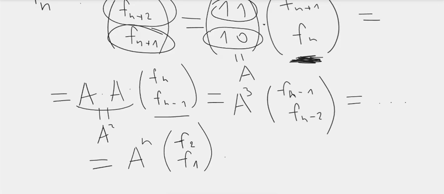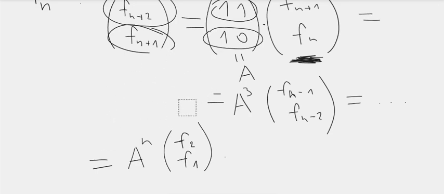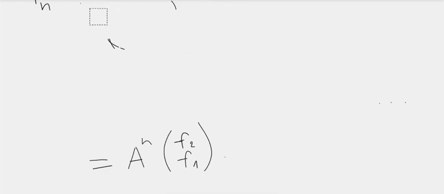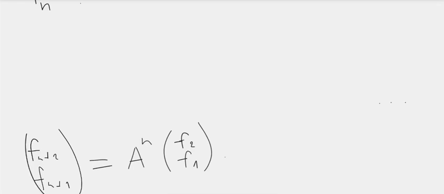Now let's remove everything that we don't need. So we have this formula basically: the vector fn plus 2, fn plus 1 is equal to this, and the matrix A is equal to 1 1, 1 0.